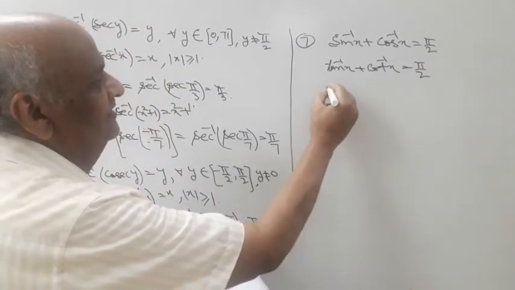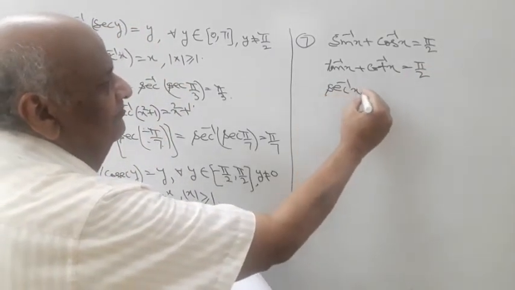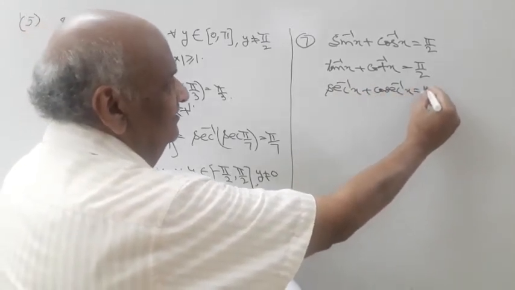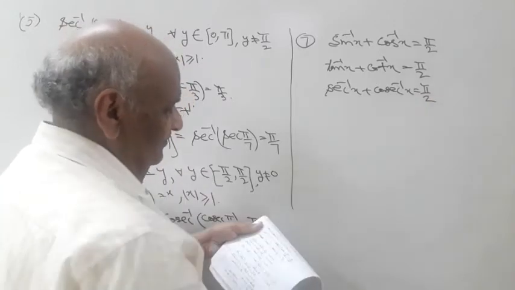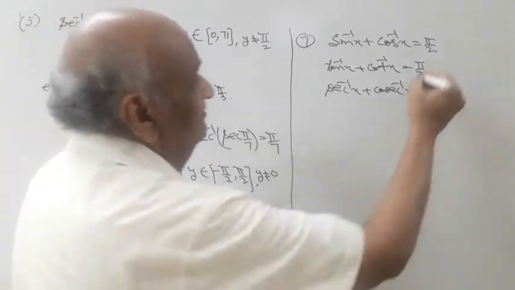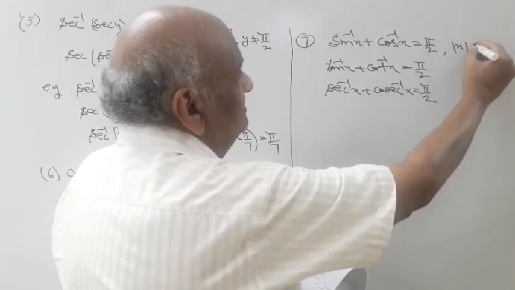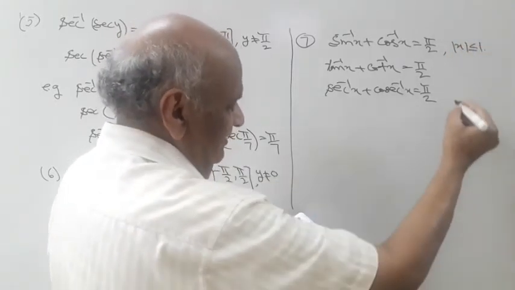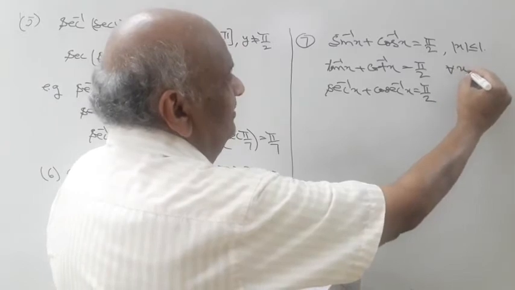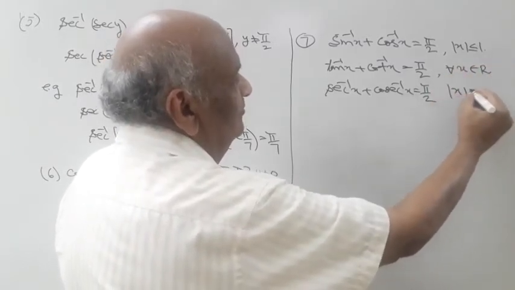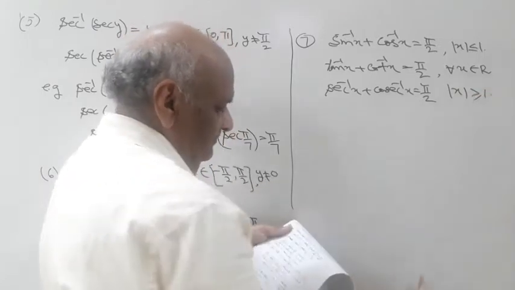Similarly, secant inverse of x plus cosecant inverse of x is pi by 2. Okay? Now here we have in this case modulo x less than or equal to 1. This is for every x belonging to R, and here modulo x greater than or equal to 1.